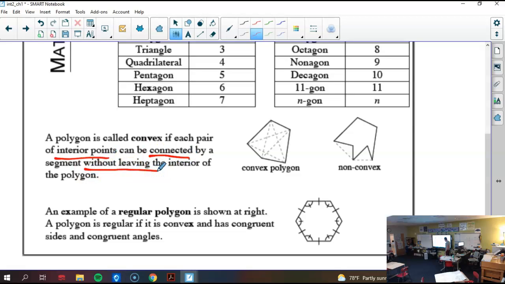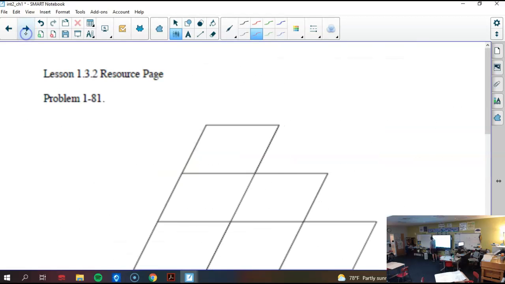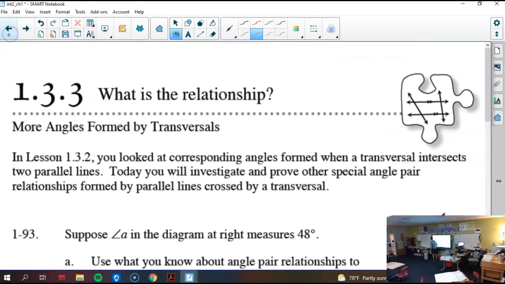All that matters is that connecting 2 points doesn't leave the polygon. For a convex polygon, connecting adjacent points is just your side. But I can connect to any of my other points without leaving the polygon. So in a convex polygon, everything stays inside. And then regular, we know regular, everything's the same. Boring. Yeah, everything's just the same.